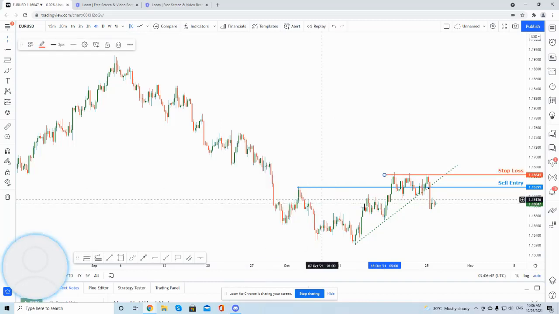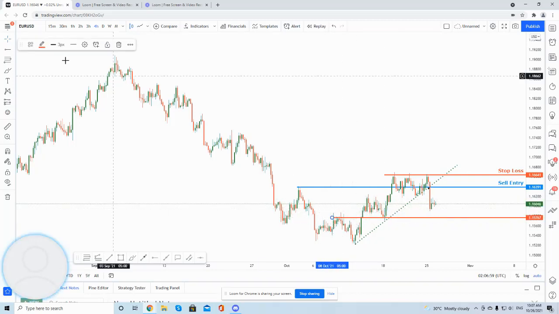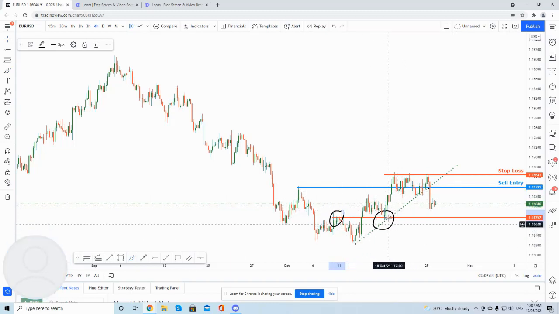So my stop loss is placed at an area where it invalidates my claim. I'm going to put it here, and then I'm going to put my take profit, relatively safe, around this area. The reason is very simple. You can see that price has reacted to it quite a few times. To find good support, you always look for areas in which price has reacted. Price reacted once with quite a big reaction downwards, then you can see it here twice with a reaction upwards.